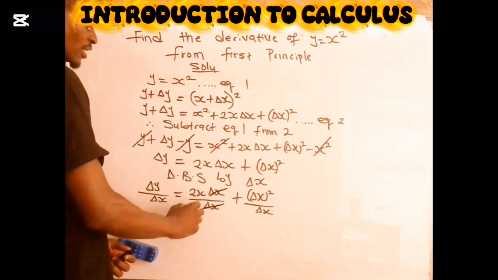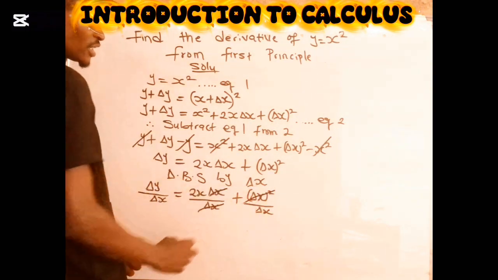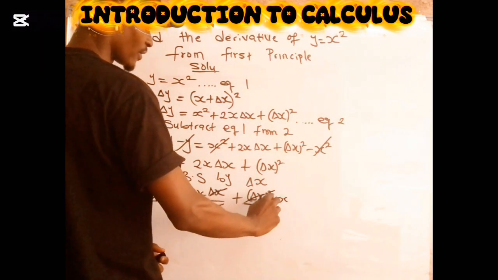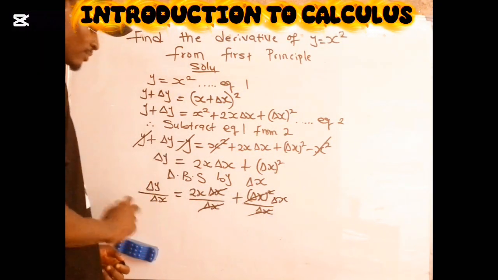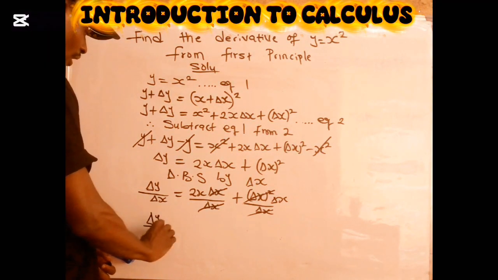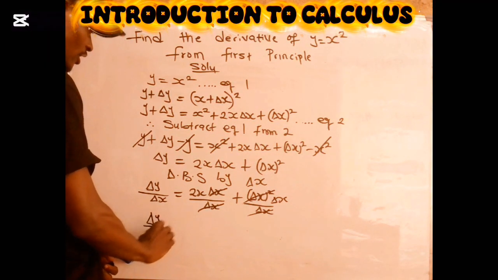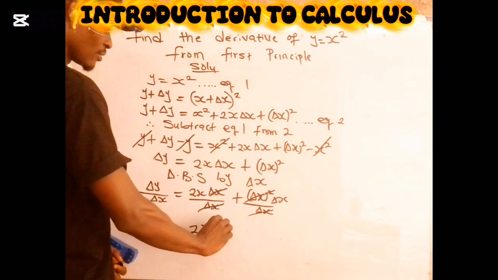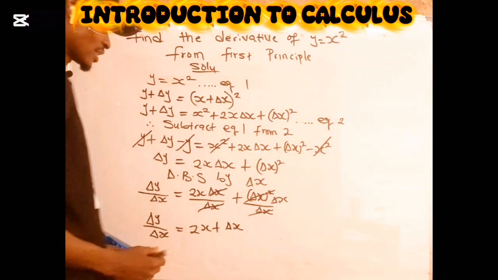Change in x cancels change in x. Here we have change in x squared and change in x, so we have just change in x. Therefore, we have change in y over change in x equals 2x plus change in x.